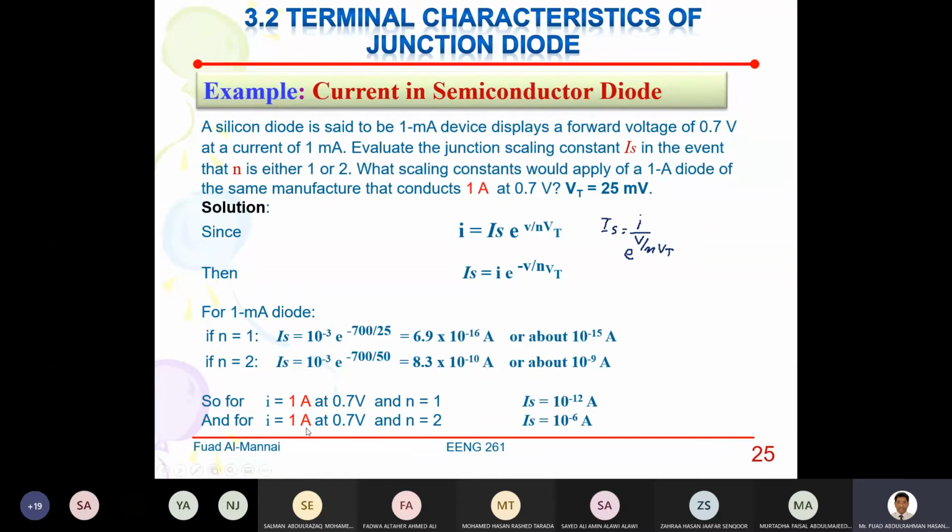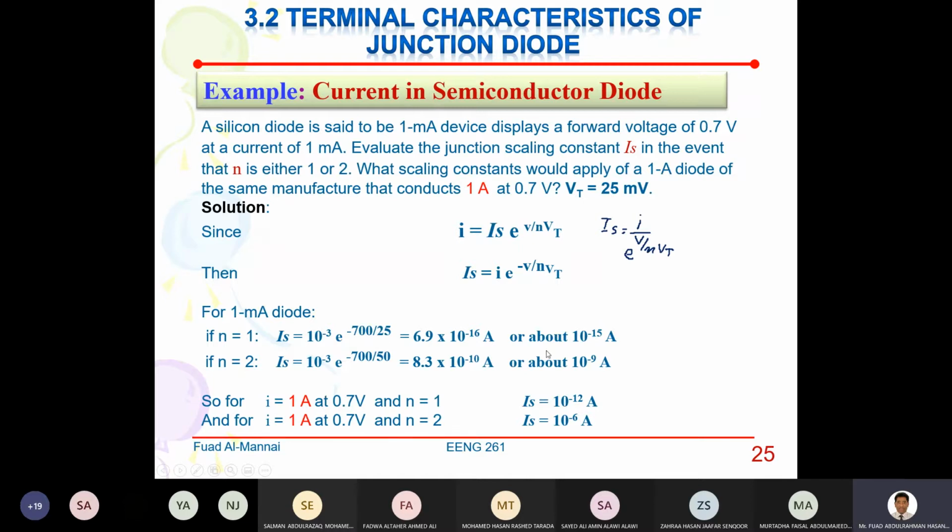Now, for a 1 milliamp diode, I'm going to use N equal to 1 and N equal to 2. When N equal to 1, IS is equal to 10 to the power minus 3, which is 1 milliamp, multiplied by e to the power minus 700 divided by 25, where 0.7 volt is 700 millivolt.